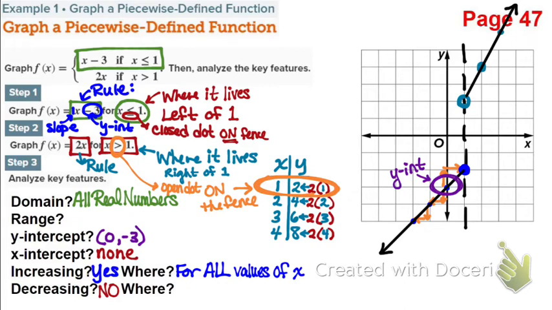So it exists down low, it exists up high, but it does not exist in the middle. So from right here and down, from right here and up, but we have a gap right here. I have to find a way of explaining that there's no y values here. There's no part of the graph in here.